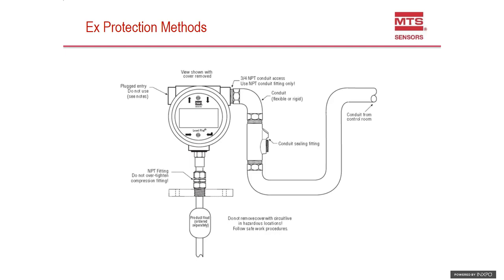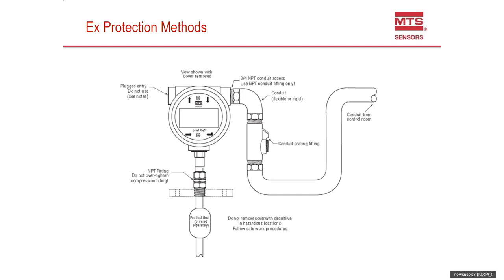On this slide, we're showing what a typical level transmitter installed with an explosion-proof installation looks like. You have the level transmitter, and then you have the rest of the system. One thing to point out here is that when we talk about these kinds of protections, we're not talking about just the single device itself. We have to talk about the entire system and how the entire installation is going to occur.